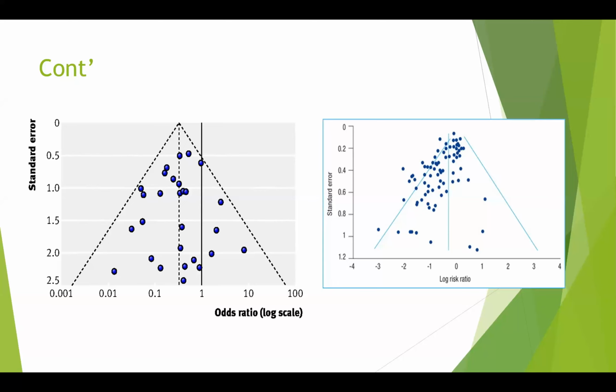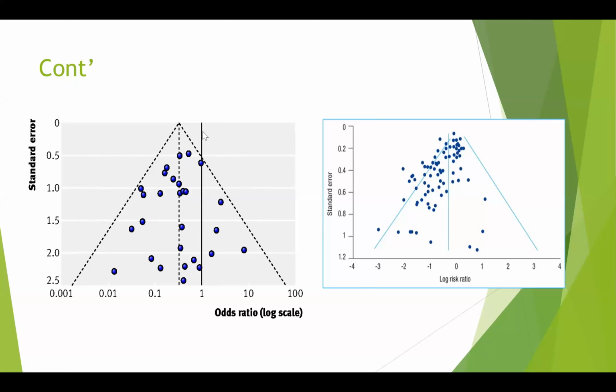Because, as I told you last time, standard error has an inverse relationship to the sample size. So the bigger the sample size, the smaller the standard errors. Therefore, the standard errors are going to be decreasing. So you see that we have included studies with large sample sizes, so they are reported at the topmost part.